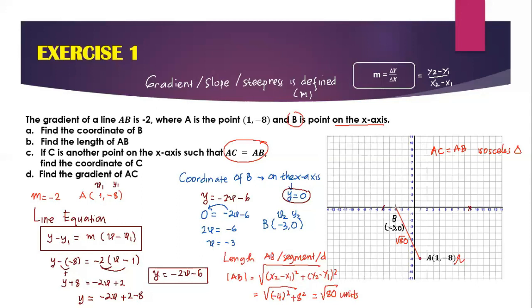1, 2, 3, 4. 4 left, right? By the same way, to the right must be 4 as well. Once again, from 8, 1, 2, 3, 4, 5, 6, 7, 8, and then to the left, 1, 2, 3, 4.